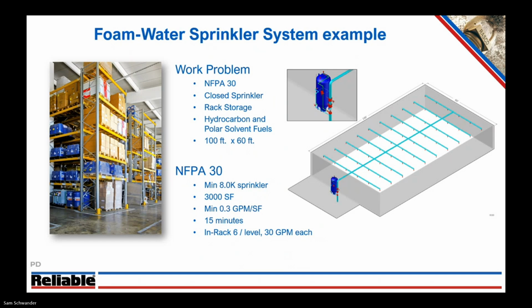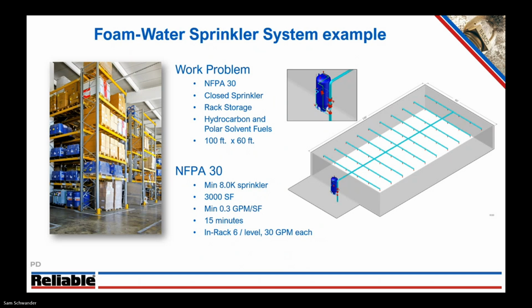Okay, so for laying out the foam equipment, we're going to work with NFPA 30. We're going to say that the customer has a requirement of a UL 162 listing for the foam and the equipment, and we're designing to that NFPA 30 standard. Now, a few things out of the standard that they're going to call out is a minimum of an 8K sprinkler head.